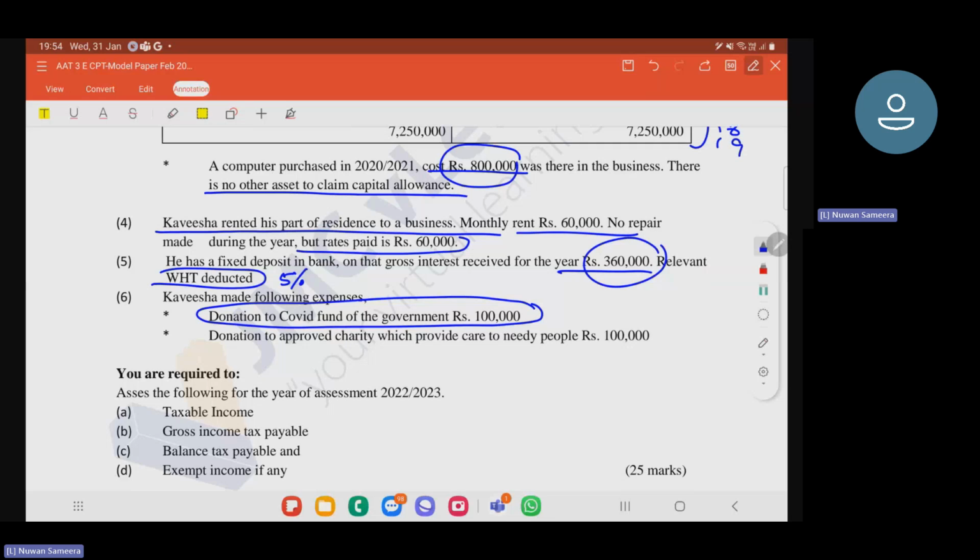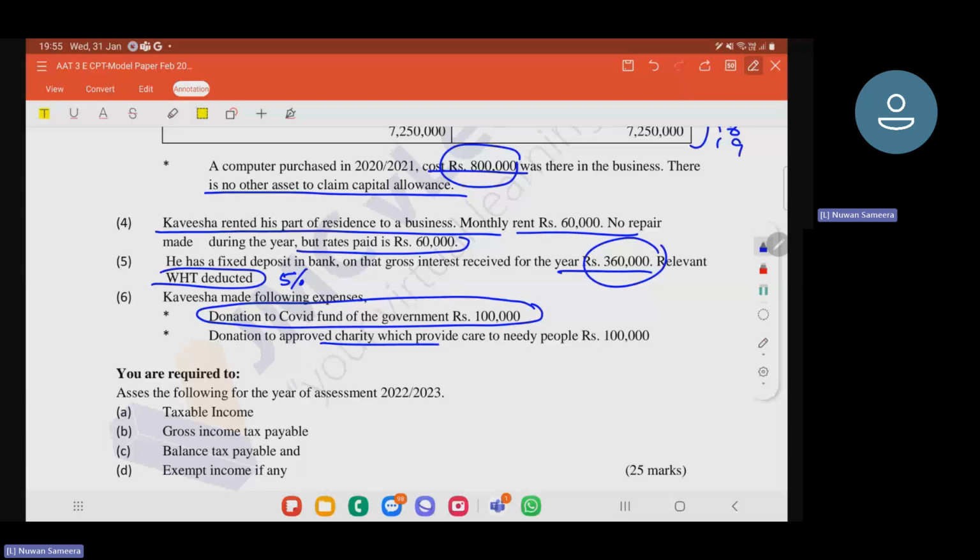You can deduct the total amount as a donation under section 52. But a donation to an approved charity is only allowed to be deducted in cash. Goods are not allowed.